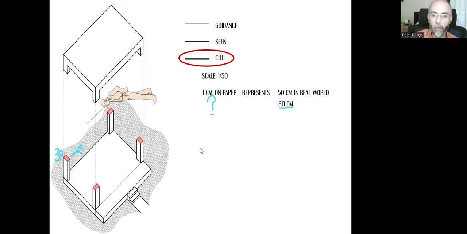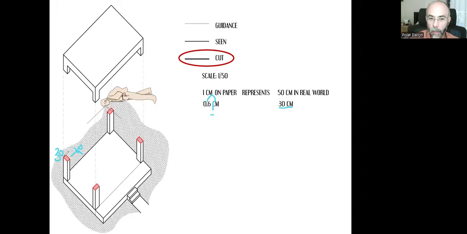This is what I need to think. Do the calculation. That means that I need to multiply 30 and divide it by 50, and that gives us 0.6 centimeters. That means that one of the sides of my rectangle will have only 6 millimeters.